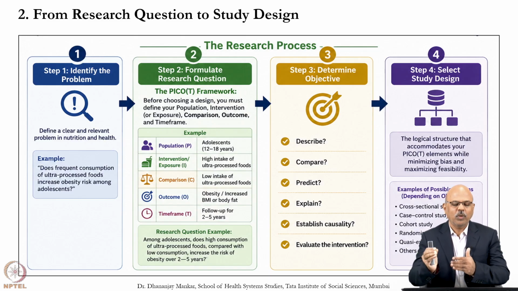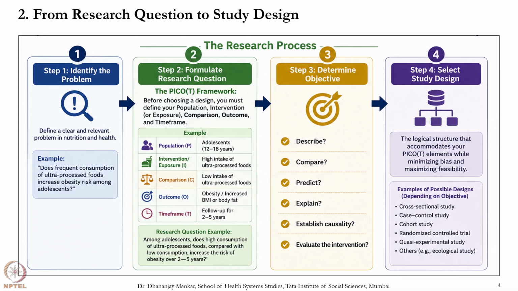Examples of possible designs depending on the objectives that you have stated: there might be a cross-sectional study, you may come across a case control study, you may take up a cohort study, you may take a randomized control trial, a quasi-experimental study, and even ecological studies can also be there. So, n number of possible study designs can come up based on your objectives.